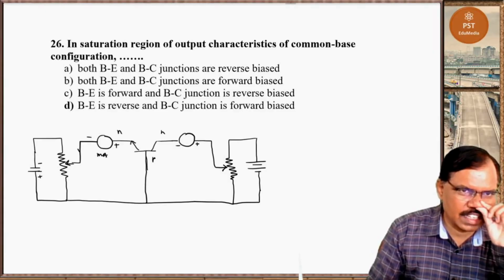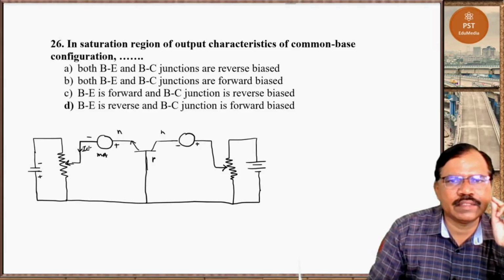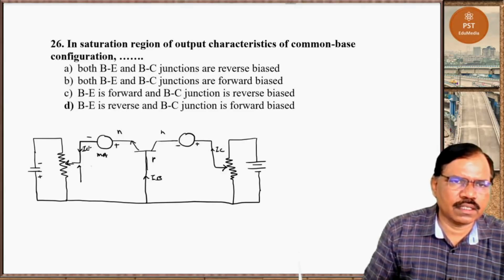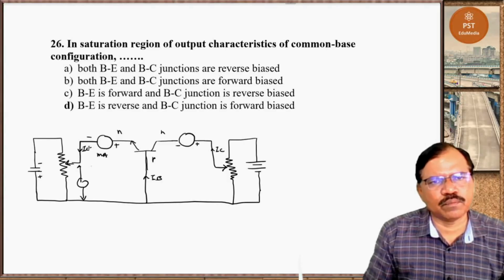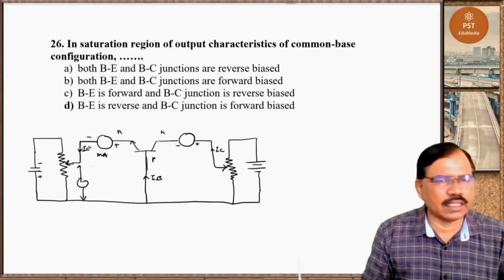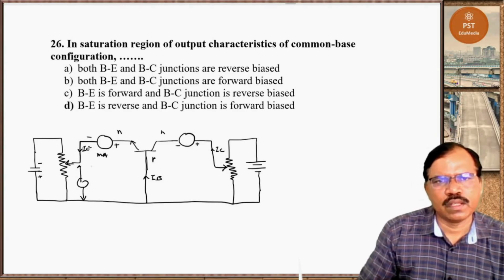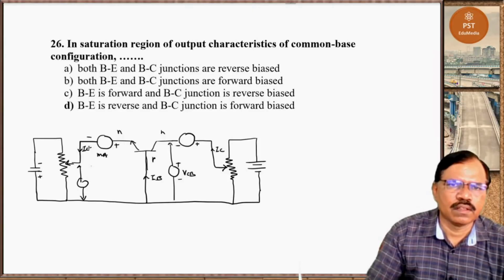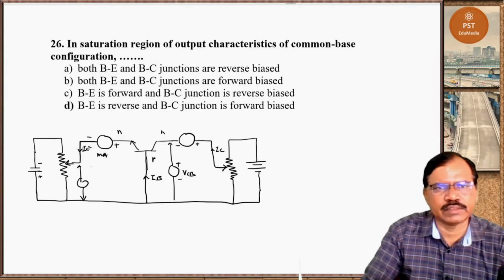So we get here IE, we get here IC and IB. Now using this voltage, we make the base emitter junction forward biased and emitter collector current flows. And due to the voltage between base and collector, we make that junction reverse biased.